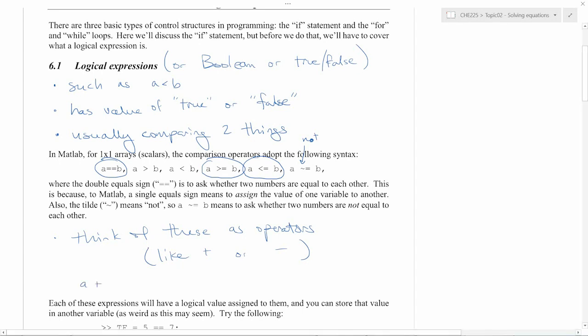So, for example, you can take A plus B equals 9, if A is 5 and B is 4. And if A is 5 and B is 4, then A less than B equals false. Sorry, that's not MATLAB syntax, that's just me writing out something. In MATLAB syntax, you would say A plus B and hit enter, and you would get the answer 9. Or A less than B, and then you'd hit enter, and it would say 0.